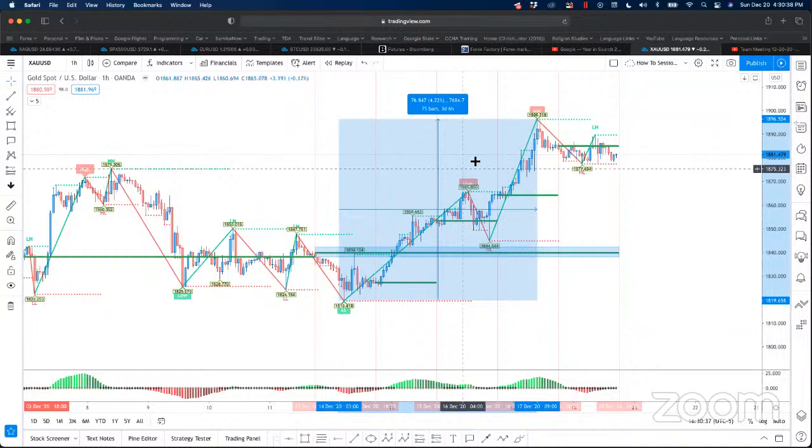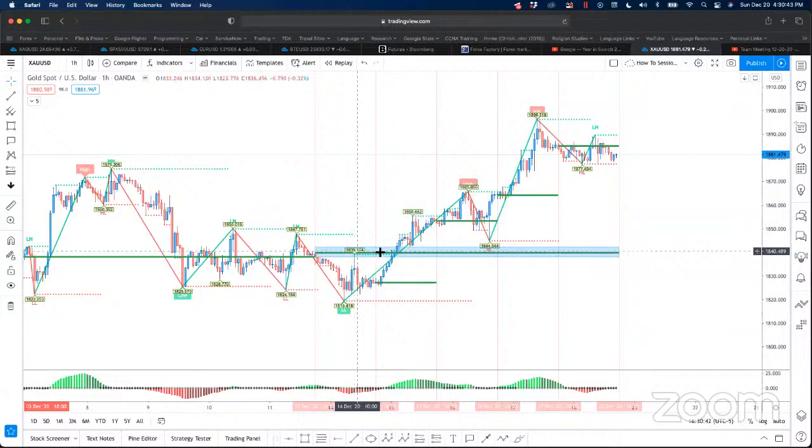Just understanding what's going on from a weekly perspective based off the opening price of the week.